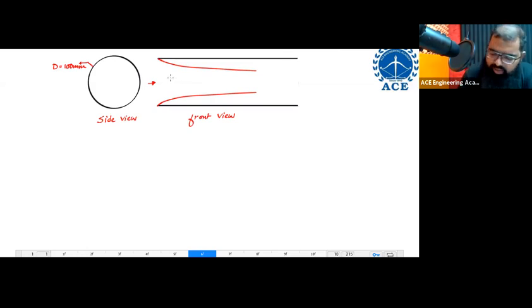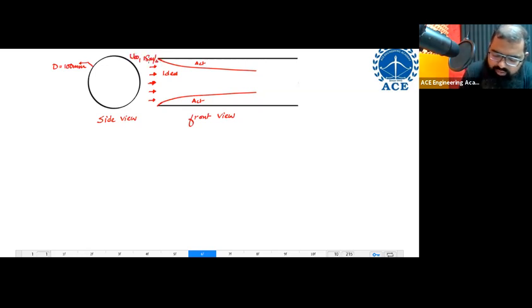So right now I'm having over here ideal flow, over here actual flow. Let us say the input velocity over here was initially equal to some 15 meters per second.